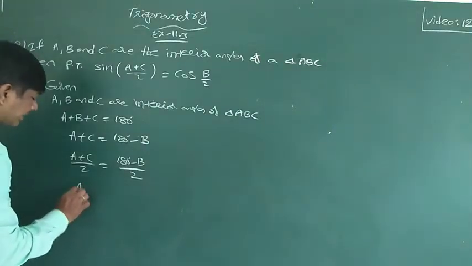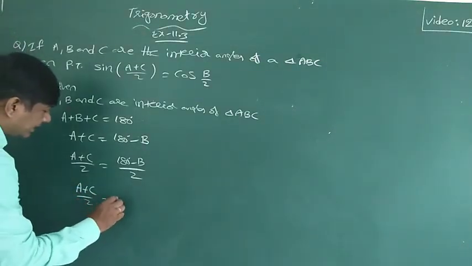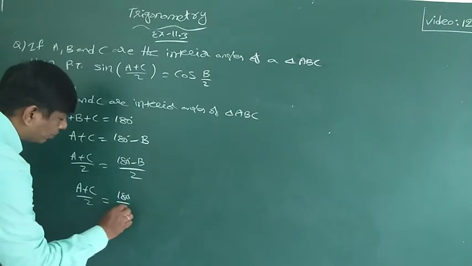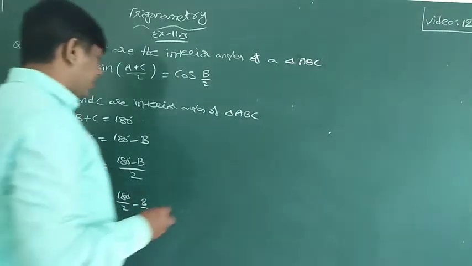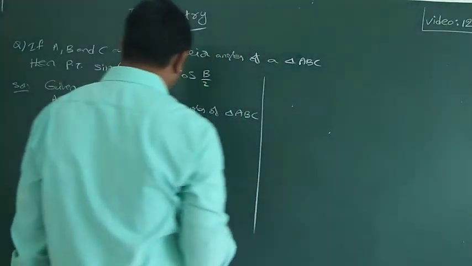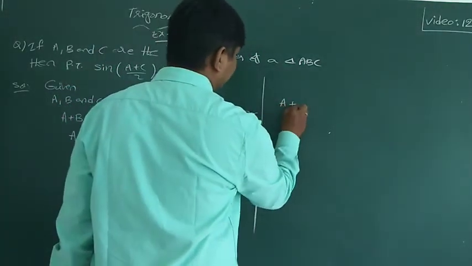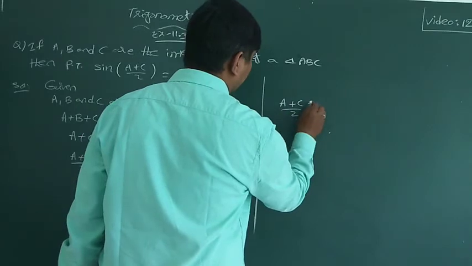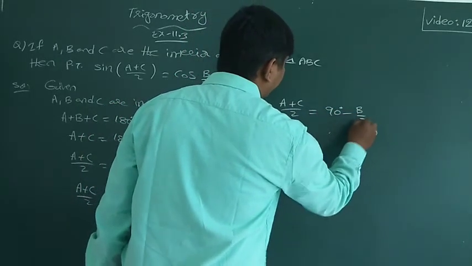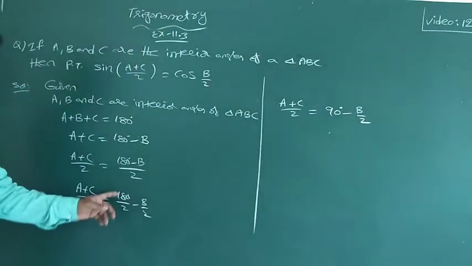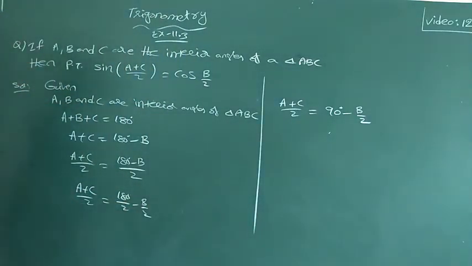This can be written as 180 by 2 minus B by 2, splitting the numerator. So A plus C by 2 is equal to 90 degrees minus B by 2.